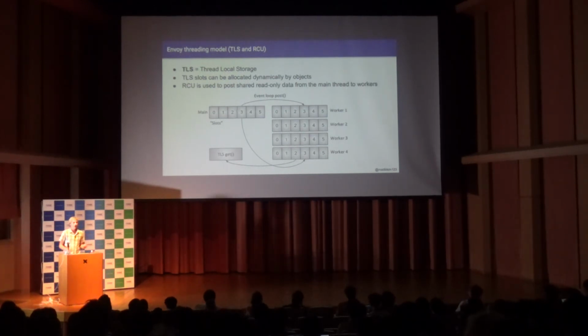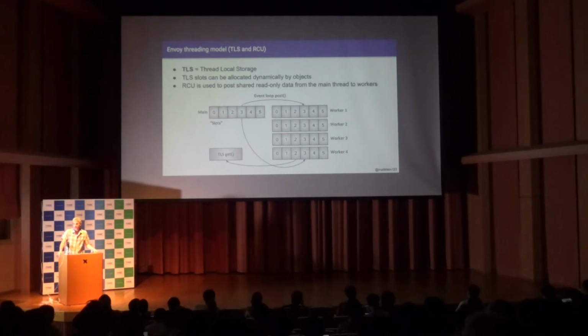And it's a very common paradigm within Envoy that I'm going to do some stuff on the main thread. Again, maybe that's a new route table, that's some new host information, maybe I'm doing health checking and I'm updating host health status. But I need this data to be available on all of my threads, right?